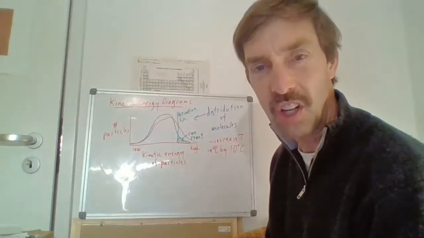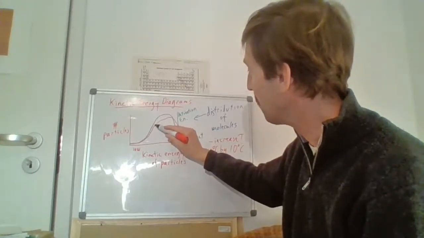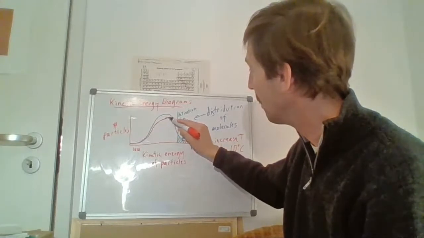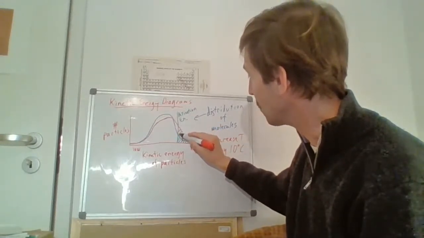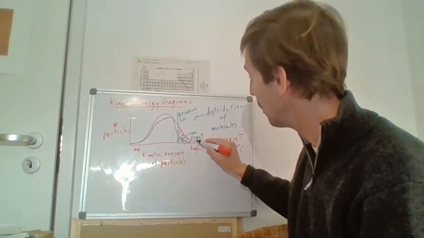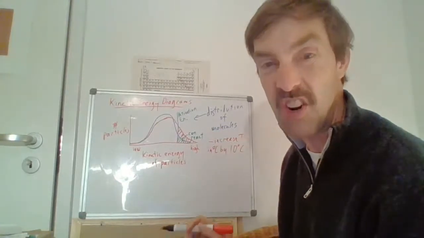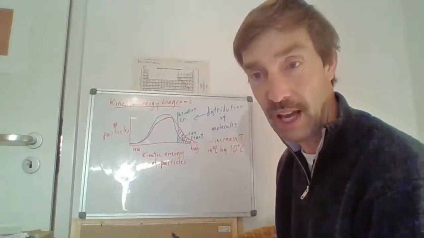Notice just a little change in temperature. There's the lower temperature. I made my bump a little lower, and I've extended it to the right. Just a tiny increase in temperature really increases the number of particles that are now beyond this activation energy line.